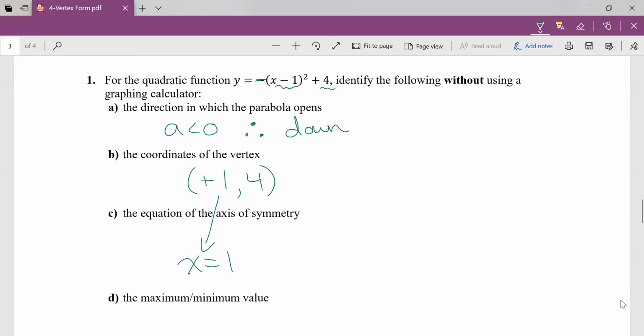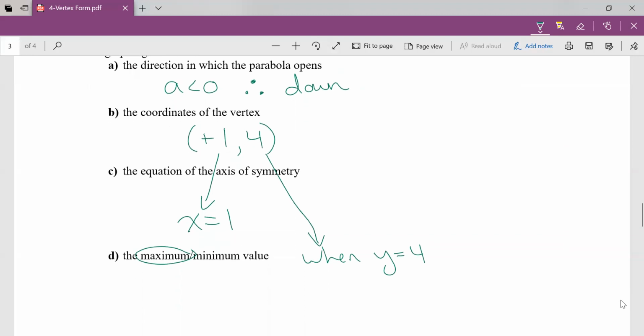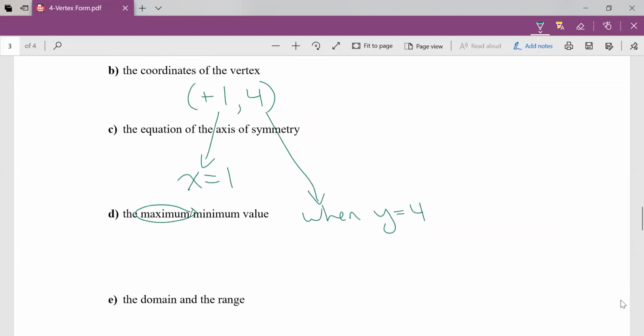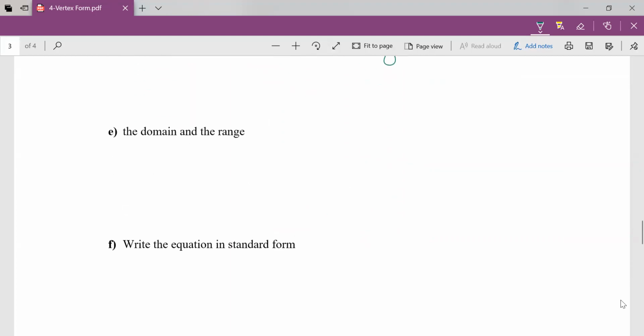The max or min. Well, this one's opening down, so it has a max. And where's that max? Right there. It has a max when y is equal to 4. See, this is great. When you know this equation, this function, you're in really good shape. The domain and the range. Well, unless it's a real life application, the domain is the easiest mark on your test.